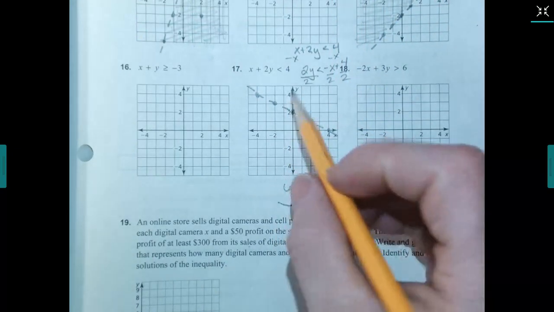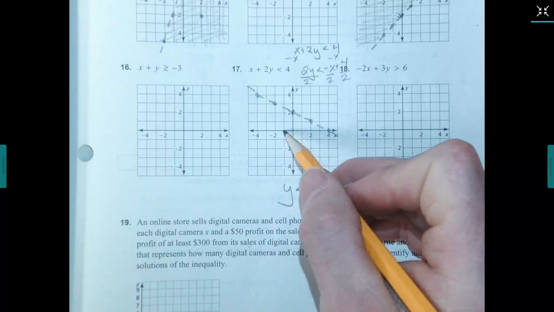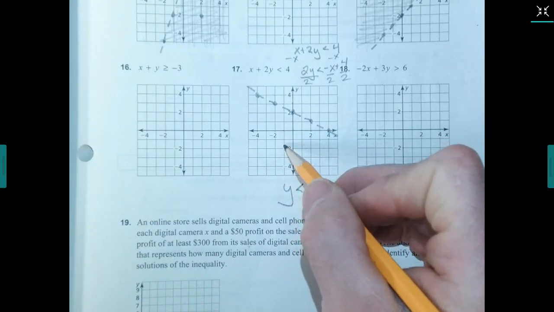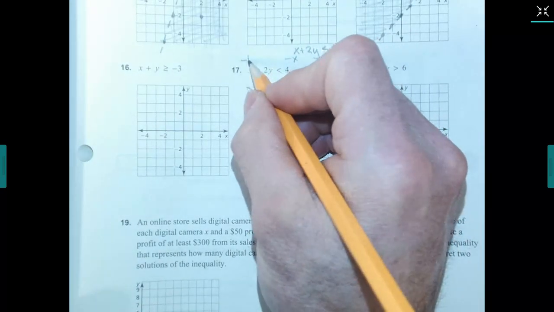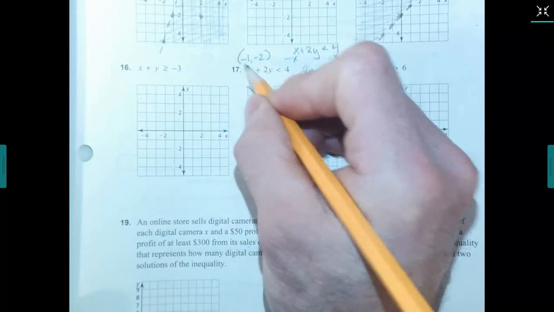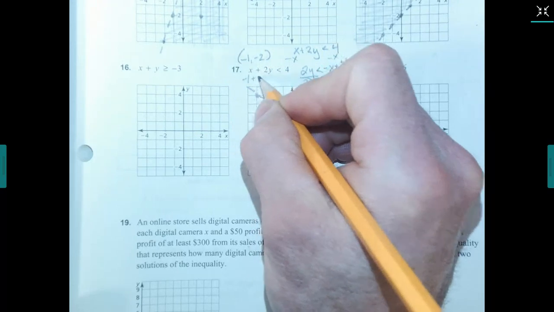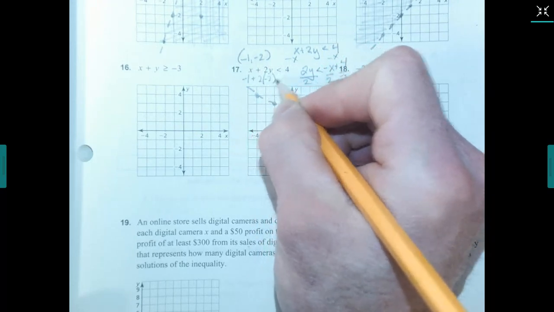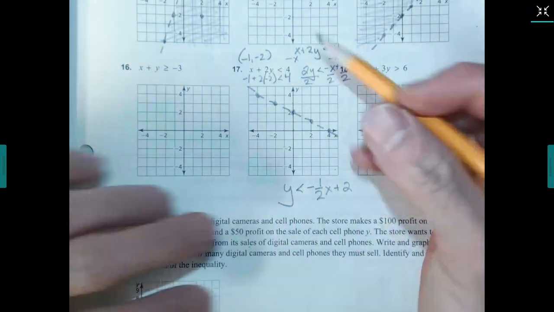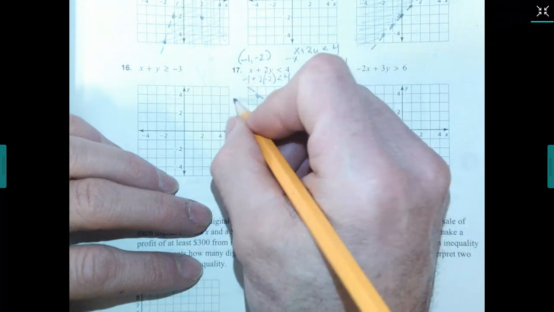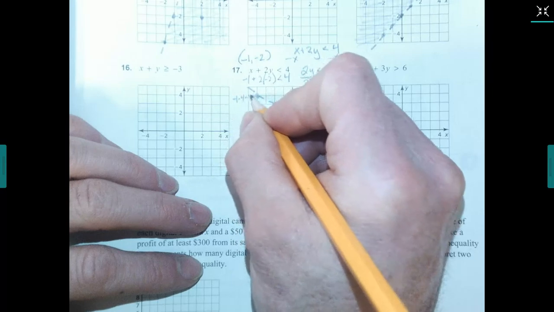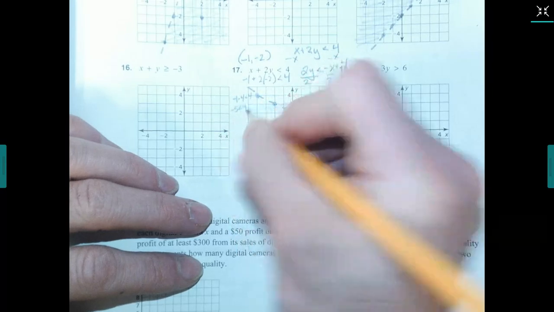So let's go with negative 1, negative 2. So I'm going to plug in negative 1, negative 2. Negative 1 plus 2 times negative 2 is less than 4. Negative 1 minus 4 is less than 4. Negative 5 is less than 4.